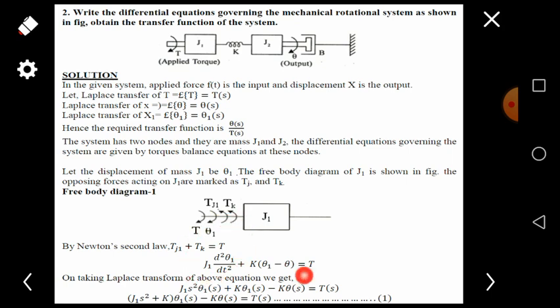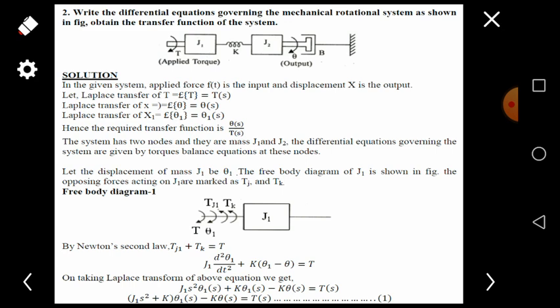For Tk, the spring will be between the two masses, so we take the first displacement minus the second displacement, that is k into theta 1 minus theta equal T. On taking the Laplace transform of the above equation, we get J1 s squared theta 1 of s plus k into theta 1 of s minus k into theta of s equal T of s.